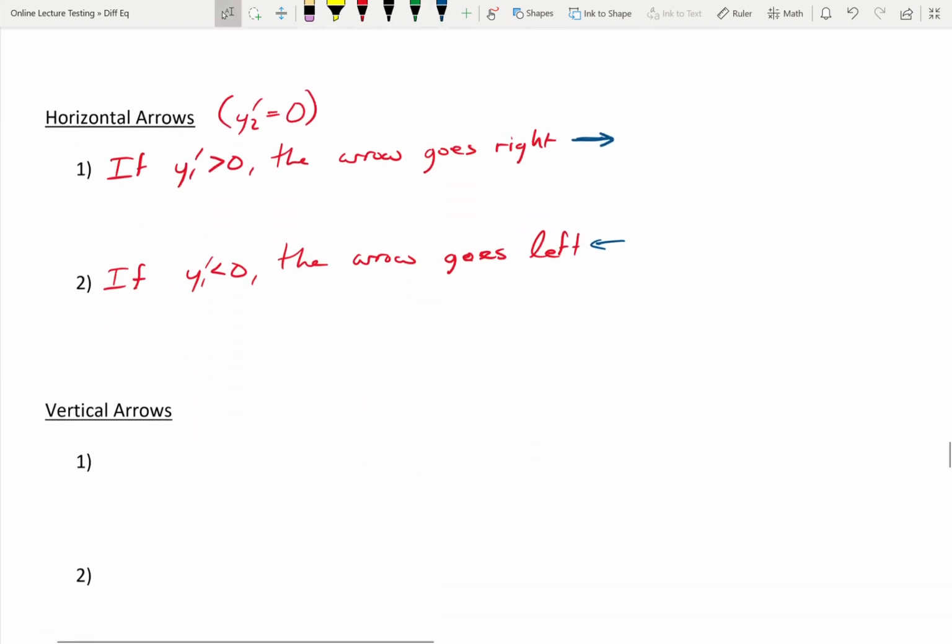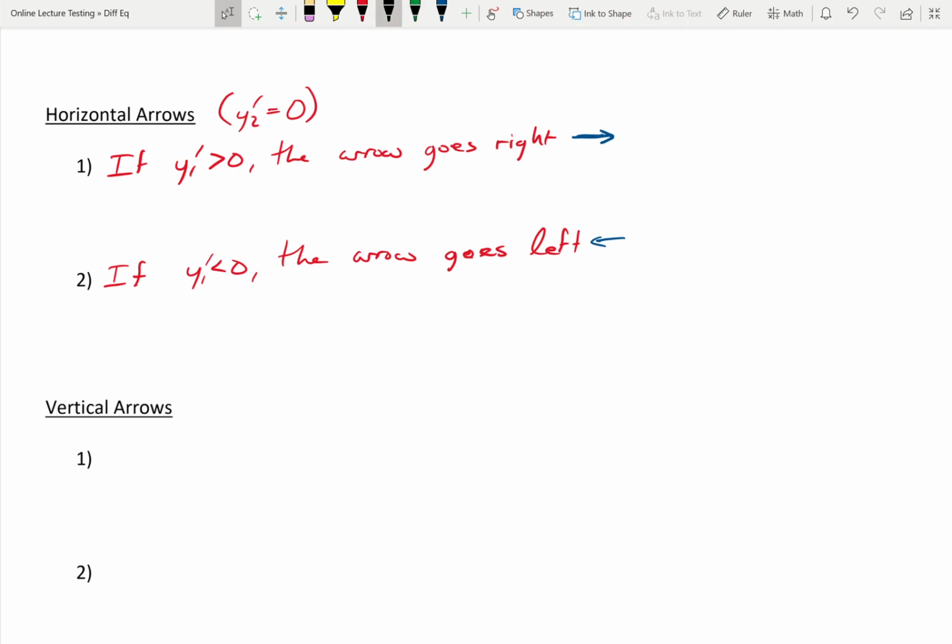And then vertical lines are when the denominator, y1 prime, is equal to 0. This is when you'll deal with vertical lines. If y2 prime, the numerator, is positive, the arrow goes upward.